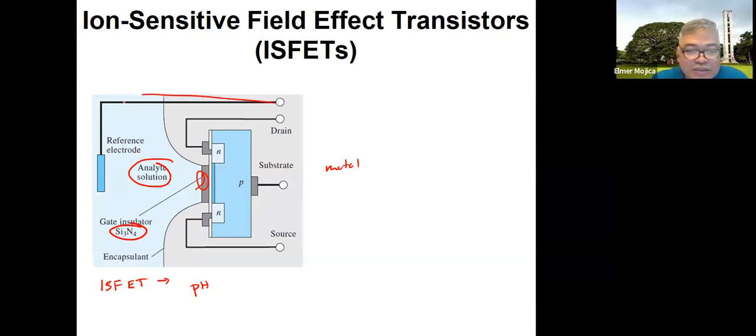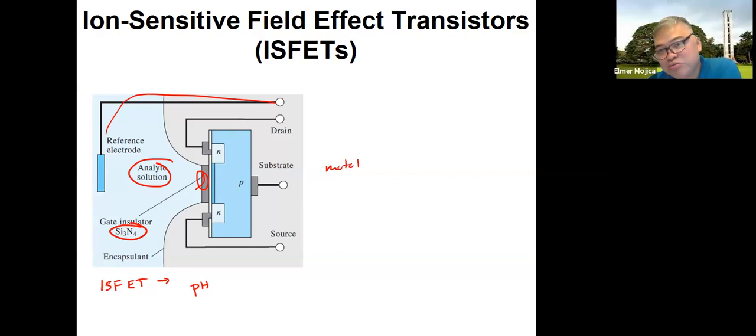Over this one. So the surface of the gate insulation functions very much like the membrane, the surface of the glass electrode, since we're comparing this to a pH meter.